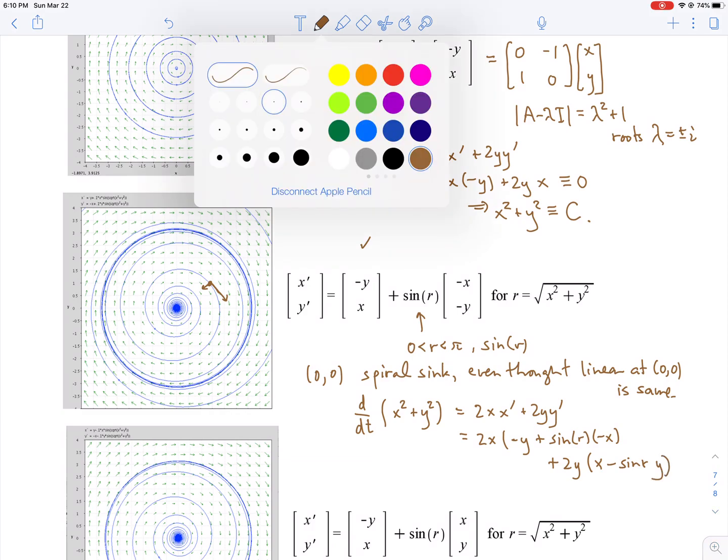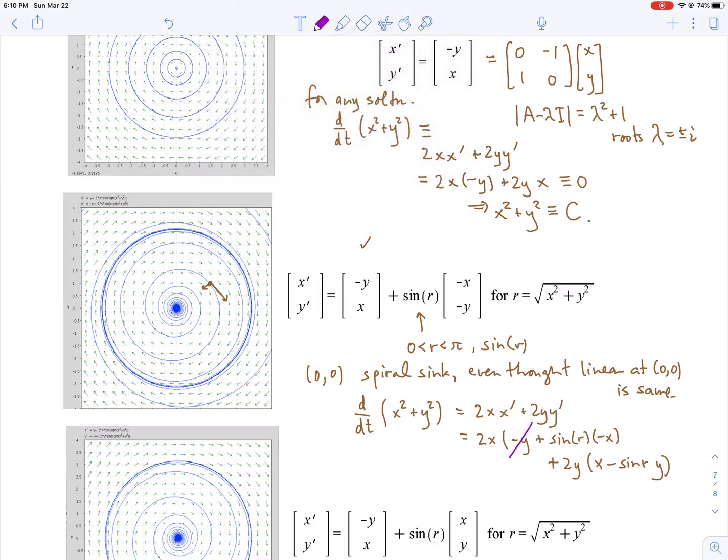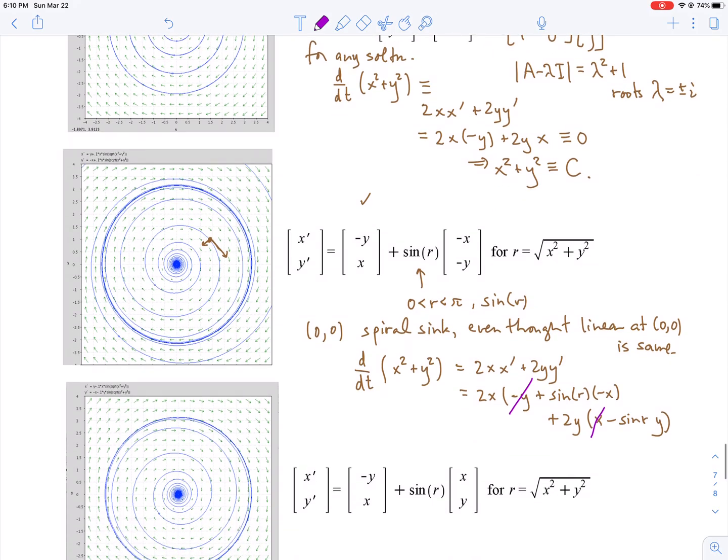Okay, now let's look at what happens. The minus 2xy and plus 2xy cancel, and everything that's left has a sine of r in it, and what's left is minus 2x squared minus 2y squared. So I get sine of r times minus 2r squared.